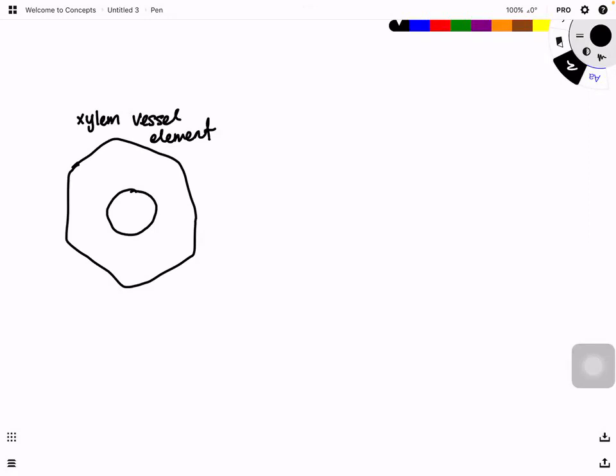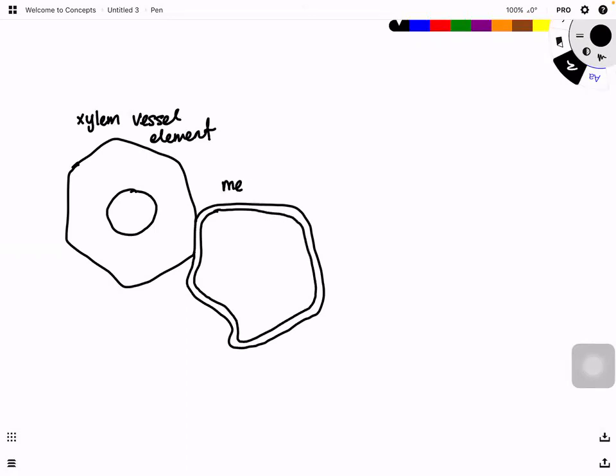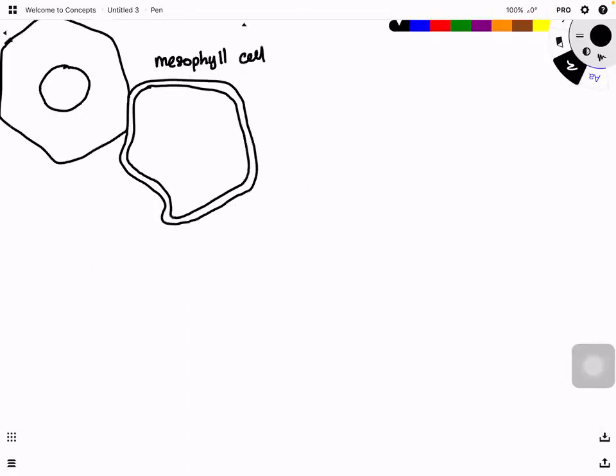Nearby cells may be spongy mesophyll, with irregular shapes and very thin cell walls compared to the xylem vessel element. So this is a mesophyll cell. We have a few of them and they are loosely packed.